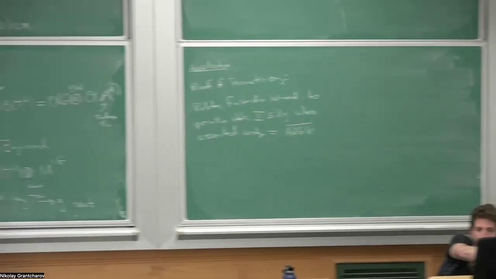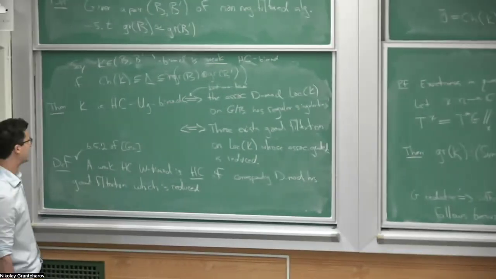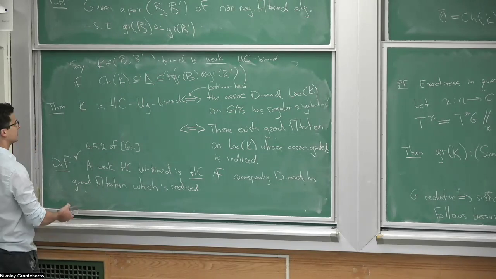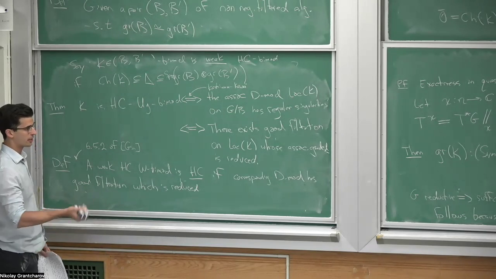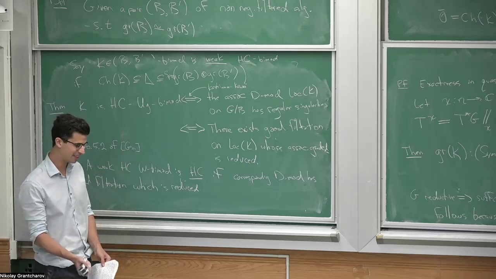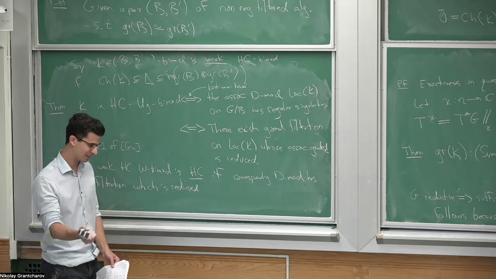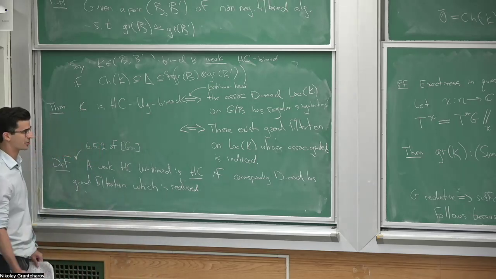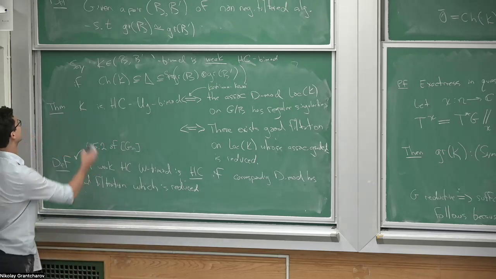Okay, but let me conclude by defining what category O looks like. It also has a history: Ginzburg was unable to find it in general, but then Losev found this nice, clever construction, which I'll explain now.